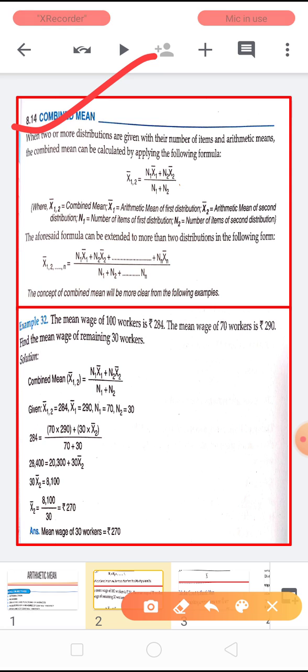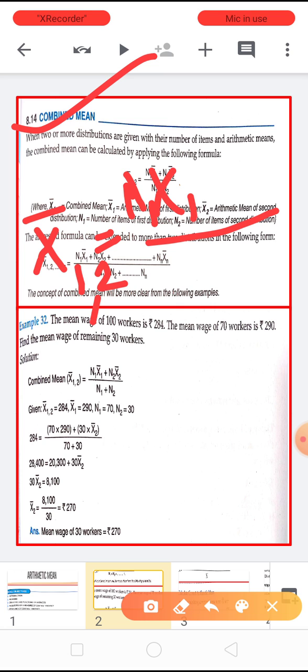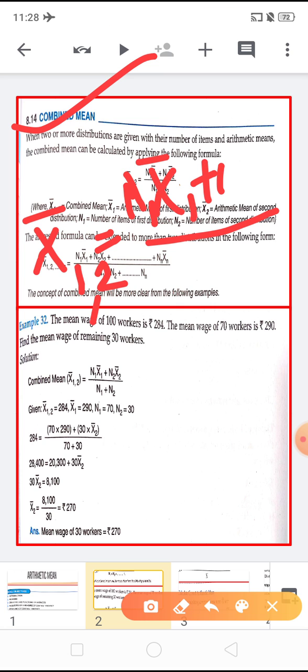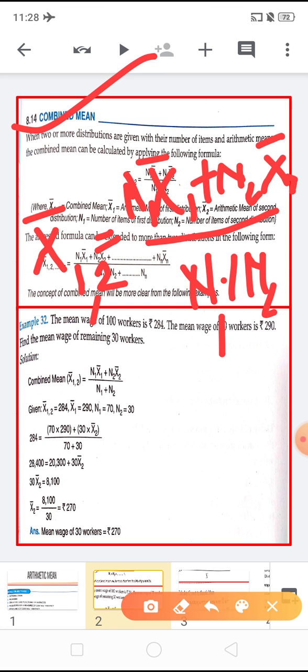When we need to calculate the arithmetic mean, as we all know, the formula for two combined arithmetic means is x bar 1,2 equals n1 x bar 1 plus n2 x bar 2, divided by n1 plus n2. So this is the formula we need to apply in calculating the combined arithmetic mean of a given series.